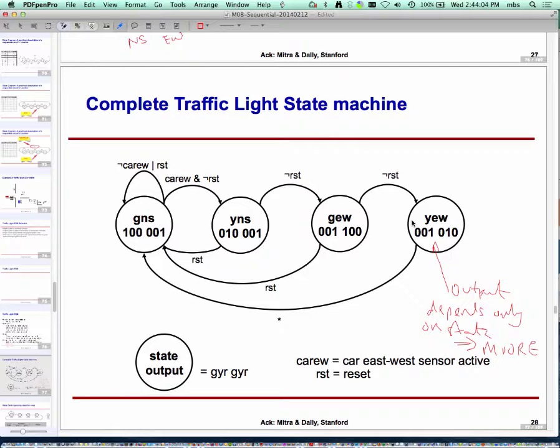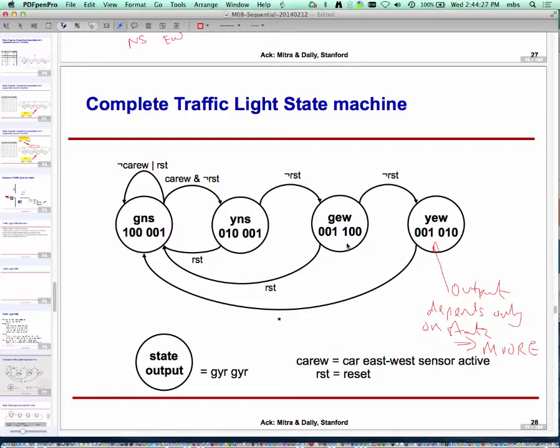Okay, so going back out here, the only remaining thing at this stage is to figure out how I move from one state to another, and we were given several things. The first thing to take care of is reset. Reset was saying, independent of whatever state I may be in, I want to move back to the default state, which is green north-south.